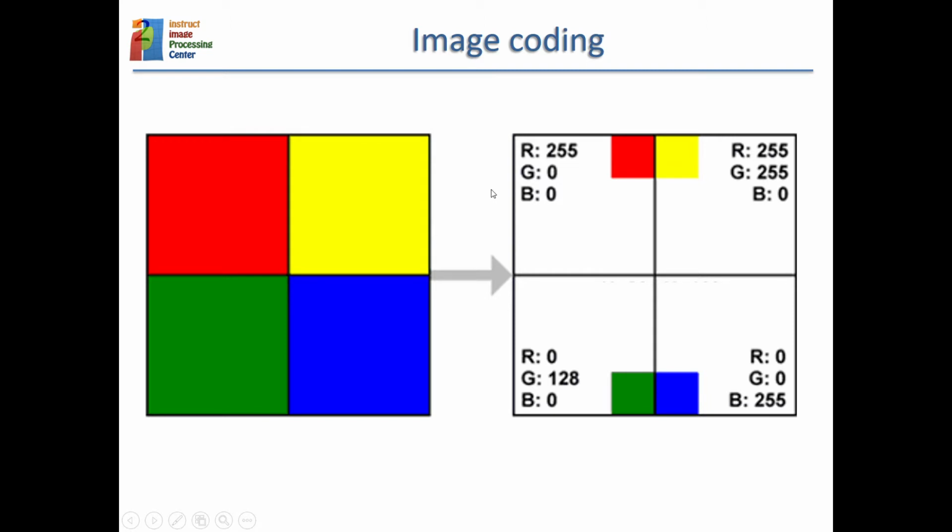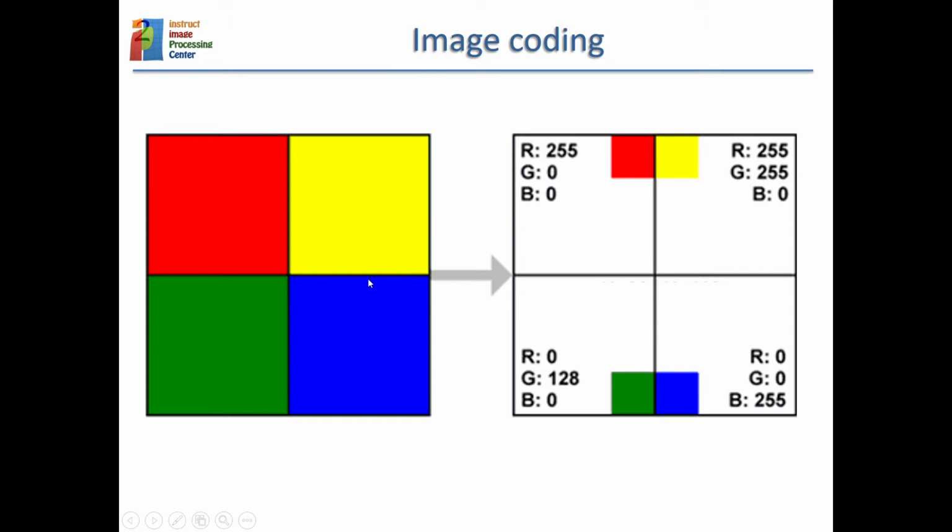What we would do is put a high value in the red channel and then 0, 0 in the green and blue channels. The highest positive value that you can have with 8 bits is 255. So we would put 255 in red and then 0, 0 in green and blue.